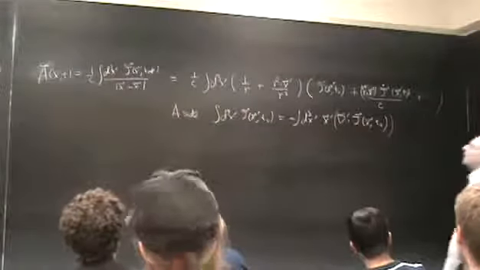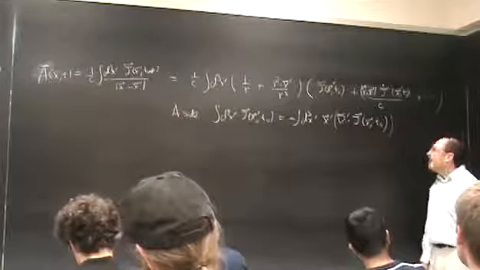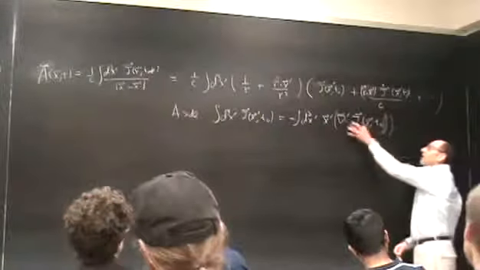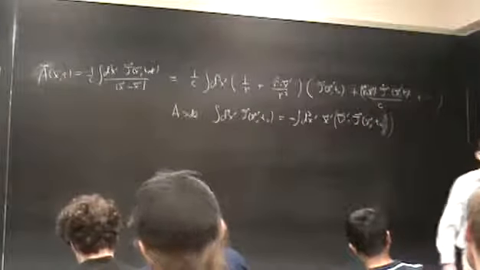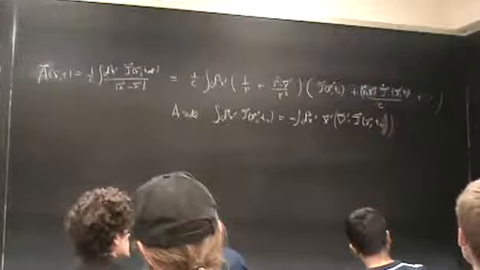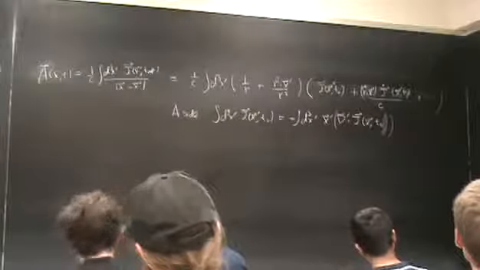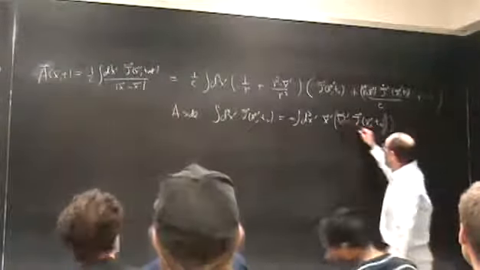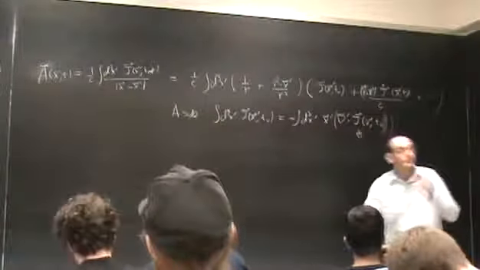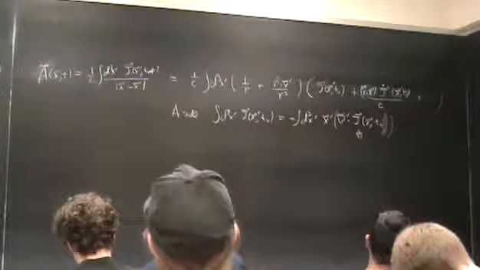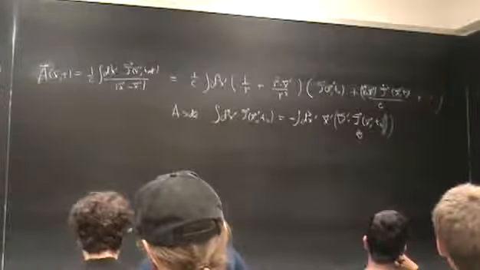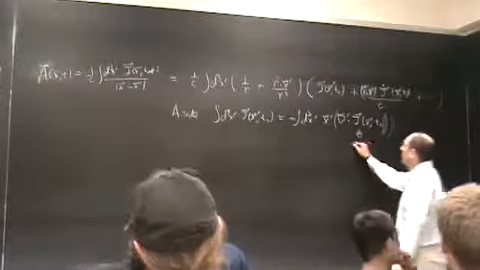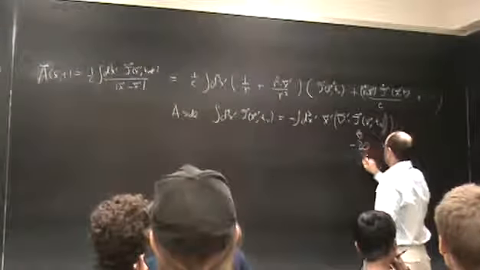Now, in magnetostatics, the divergence of j is 0. But now we're not talking about magnetic statics anymore. We're talking about dynamics. And so, what is the divergence of j? Conservation of charge tells us that it is equal to negative rho dot.